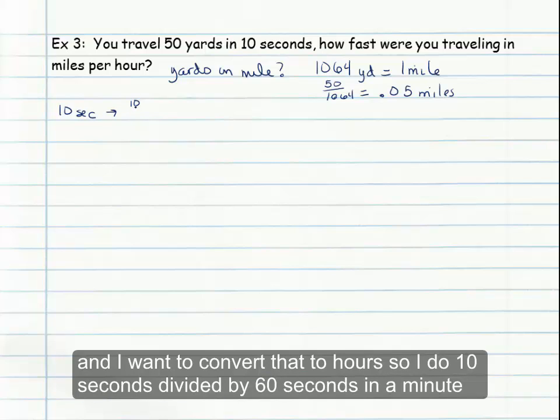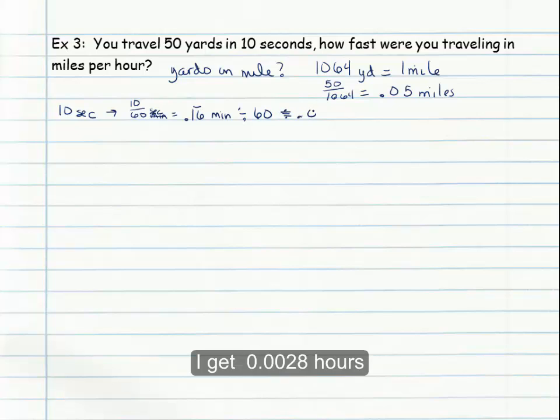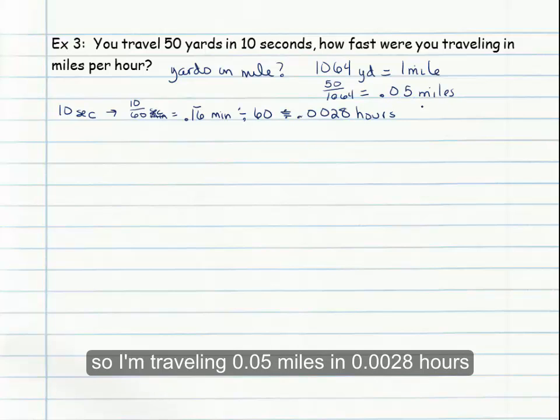So I do 10 seconds divided by 60 seconds in a minute. And that gives me 0.16 repeating minutes, which I'll divide by 60 minutes in an hour, 0.0028 hours. So I'm traveling 0.05 miles in 0.0028 hours.